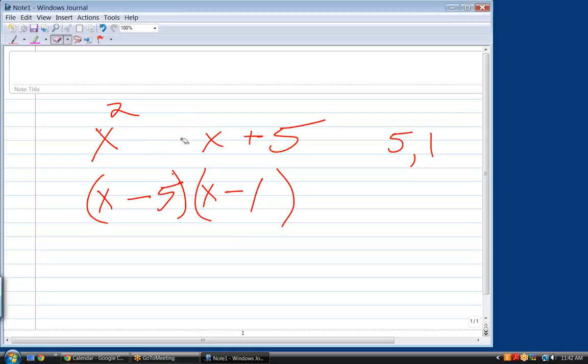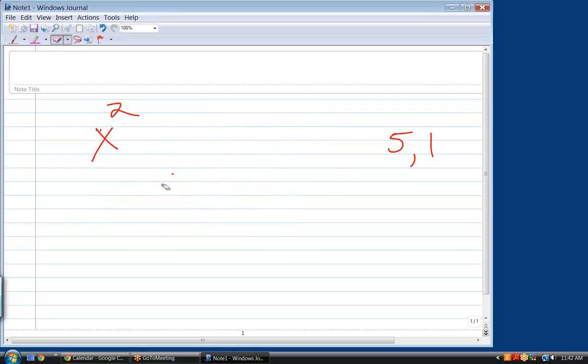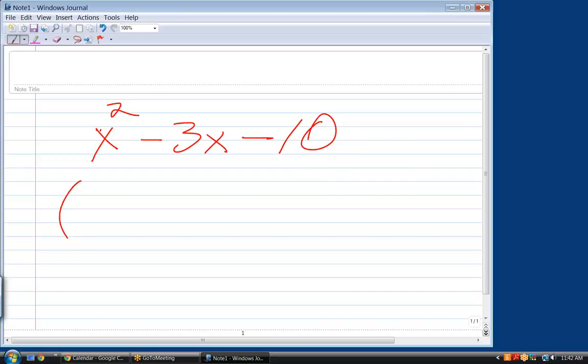All right. Change it slightly. We're going to work with negative signs now. These are just slightly harder, but just slightly. Step 1. The 2 x's. Step 2. And plus and minus.